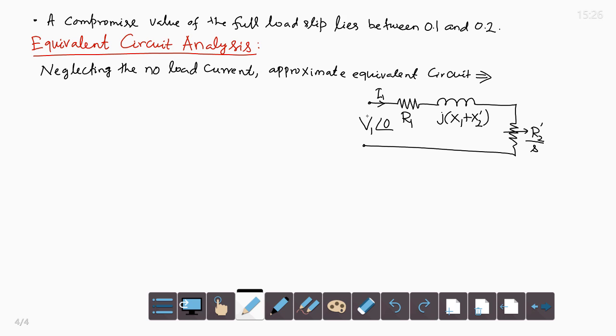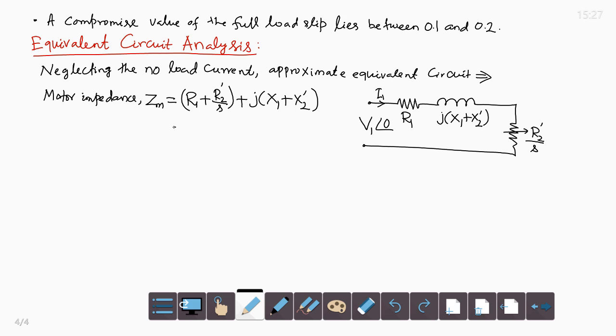So, from this equivalent circuit, motor impedance Zm is given by R1 plus R2 dash by S plus j X1 plus X2 dash.